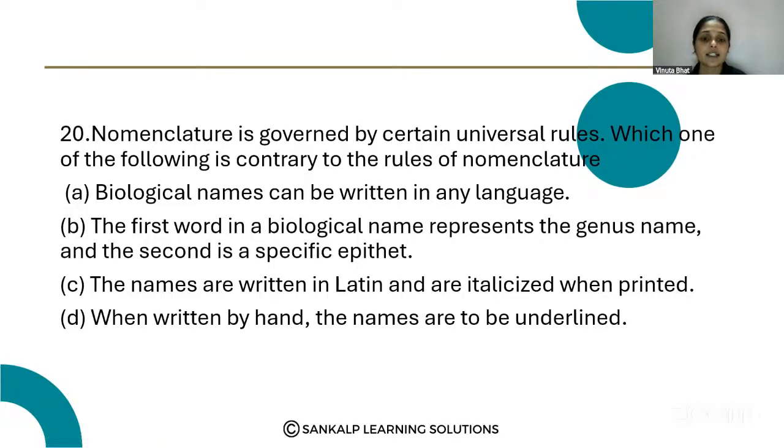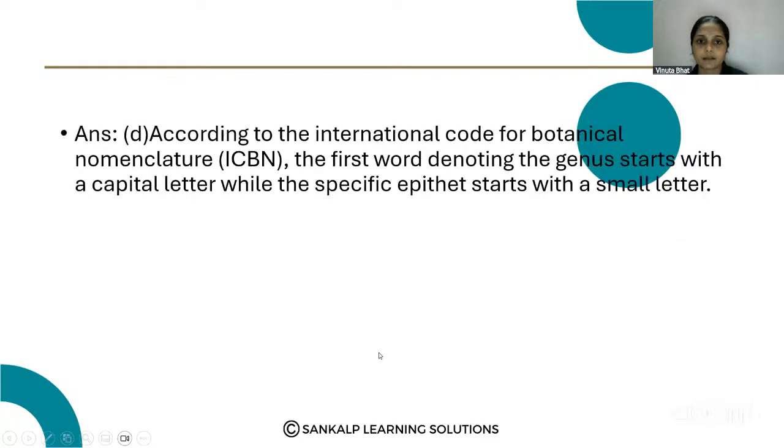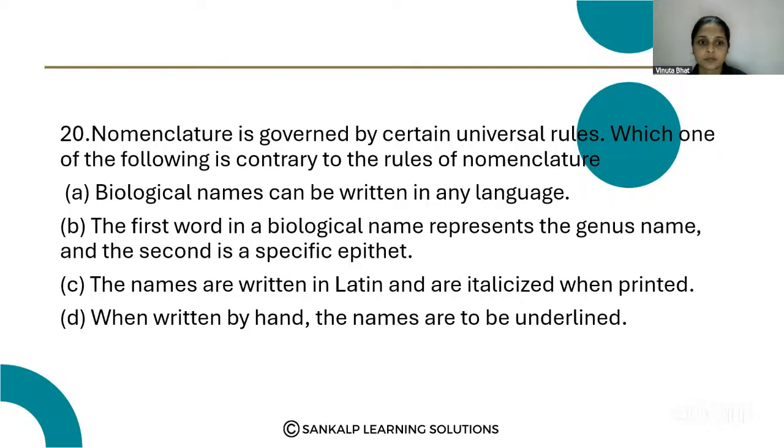The names are written in Latin and are italicized when printed. When written by hand, the names are to be underlined. You have to comment the correct answer to the question.